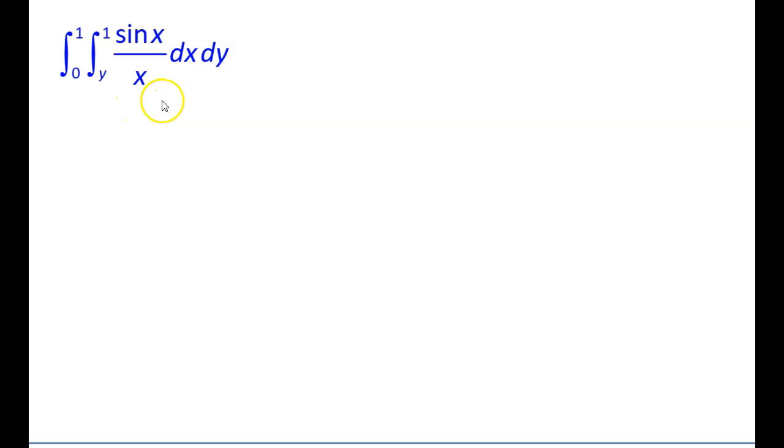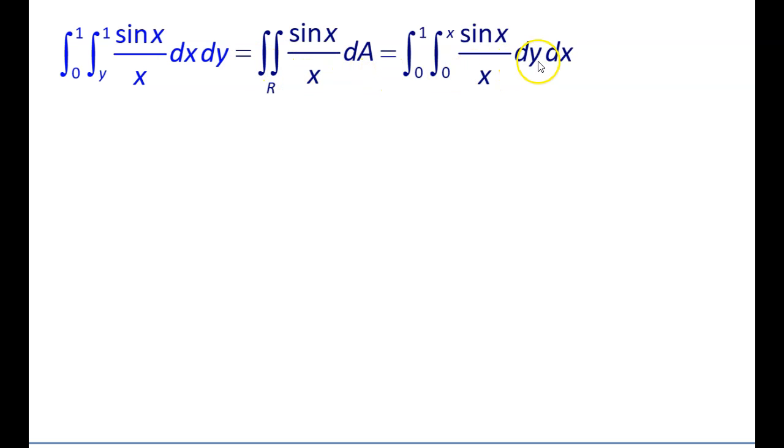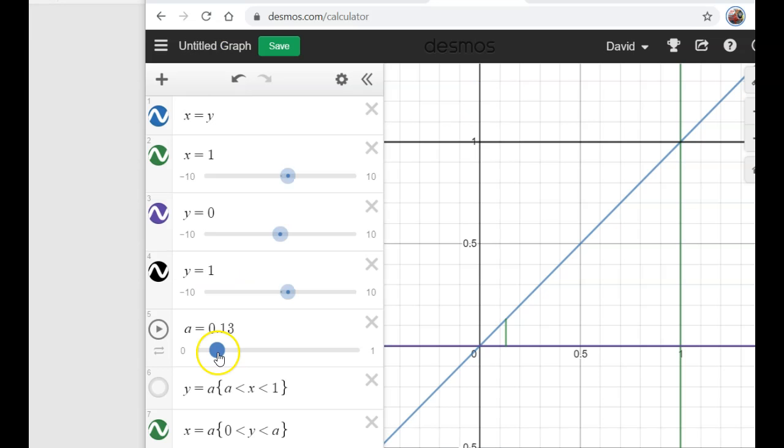So this is what we started with, but the order of integration with dx dy doesn't matter. If we switch the order of integration, we can now go between 0 and x, like this picture is showing. All right, what are these y values? The y values are 0 on the bottom and then y equals x on the top.